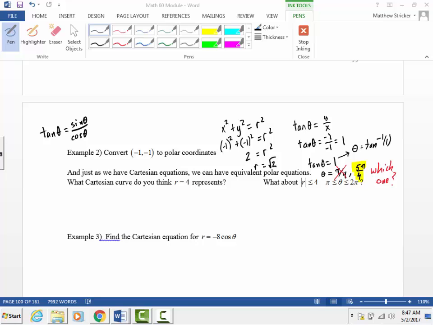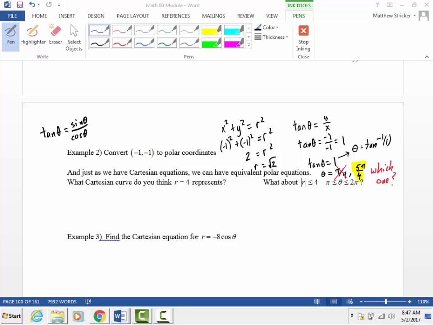But what some people will do is they'll put their calculator in degrees mode. And if your calculator's in degree mode and you take the inverse tangent of 1, it gives you 45 degrees. And if you know that 45 degrees is pi over 4, that's another way to think about it. Does that make sense? Okay?